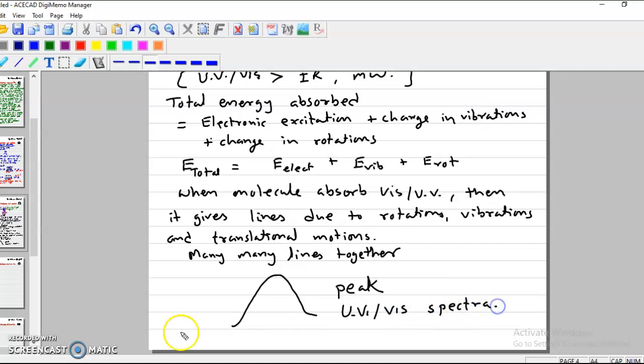So normally UV visible spectra is nothing but such a huge peak, and this huge peak is because of consisting of three types of lines: translational lines, rotational lines, and vibrational lines also. Okay, so that is called UV visible spectra. That's it in this lecture.